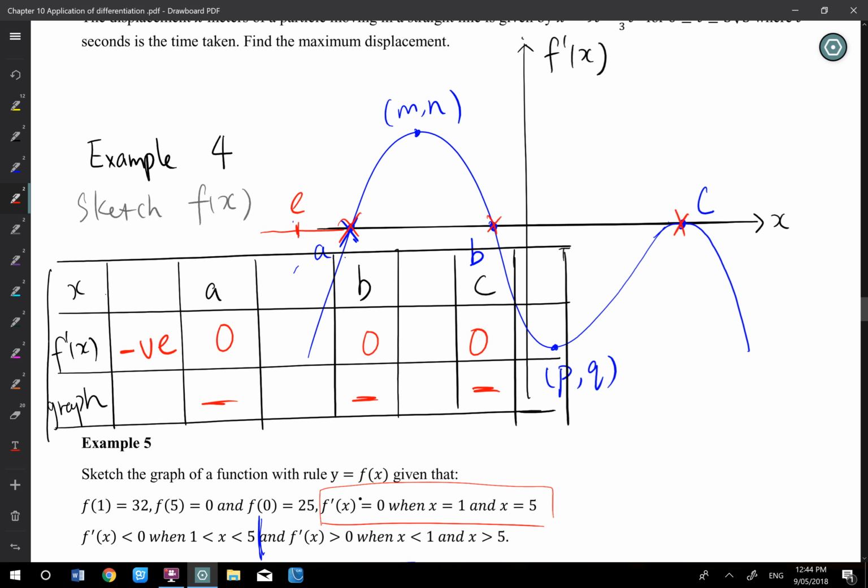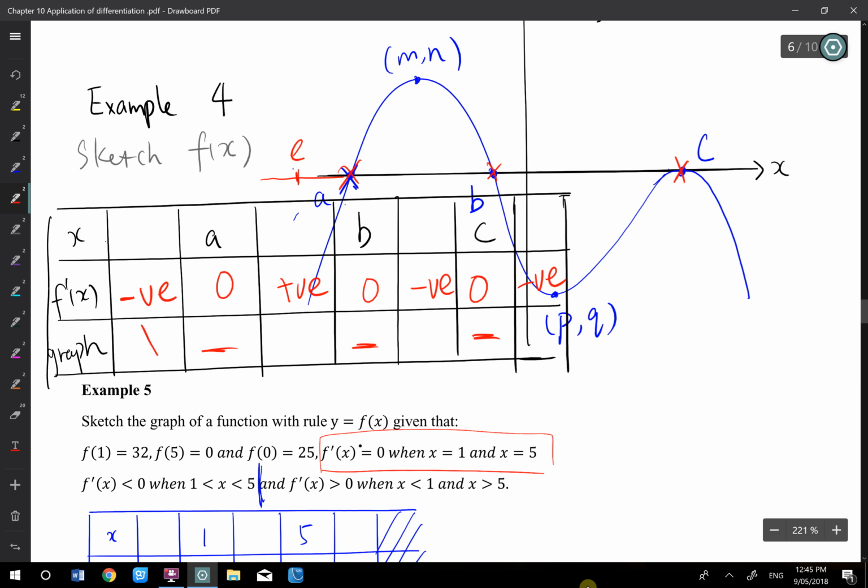In between A and B, positive or negative? Positive. Good. And in between B and C? Negative. And after C, negative again. So it's decreasing, increasing, decreasing, and decreasing.